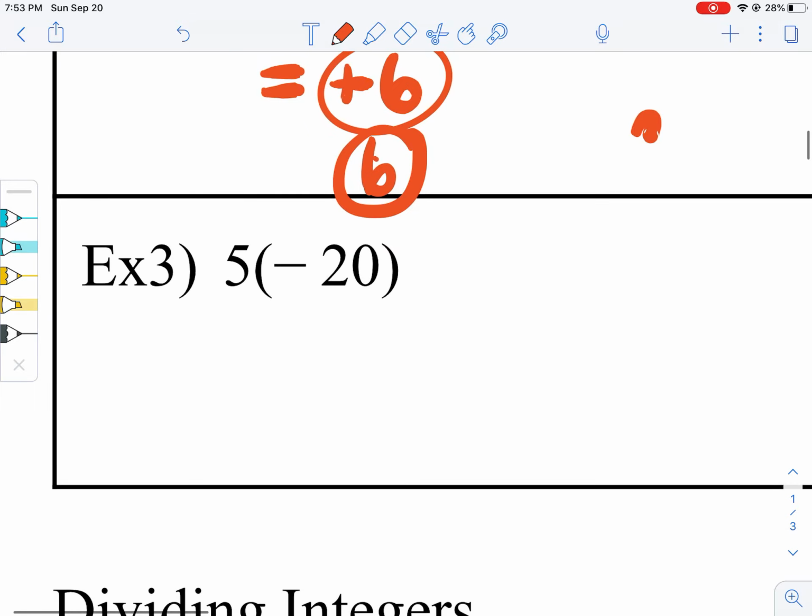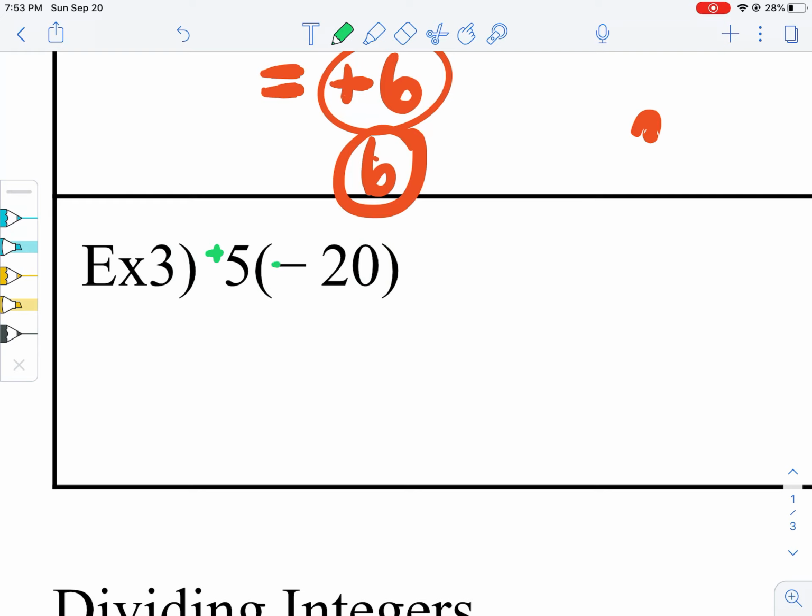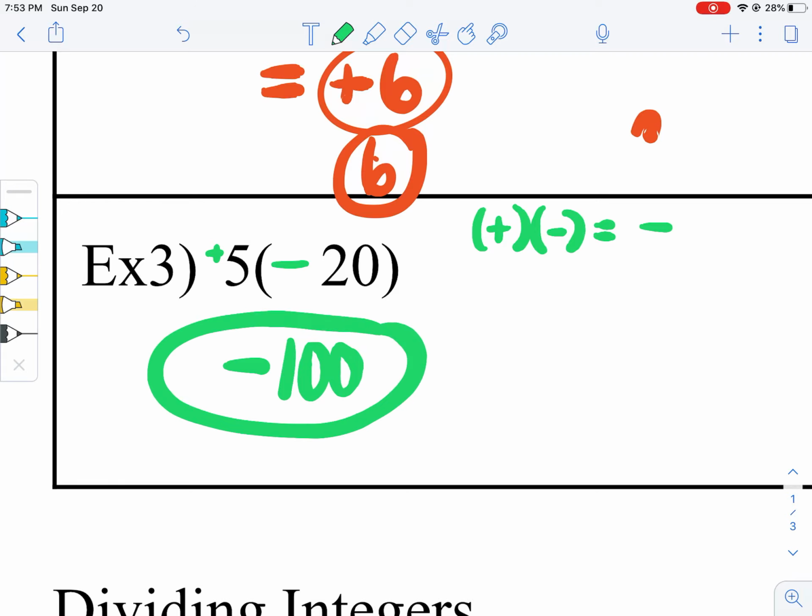And then we have the second one right here, example 3. We have 5 times negative 20. So I know here that we have positive 5 and negative 20. So positive times a negative is a negative because they are different. And so I know it's going to be negative, and 5 times 20 is 100.